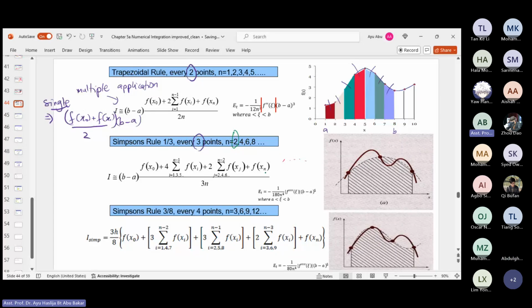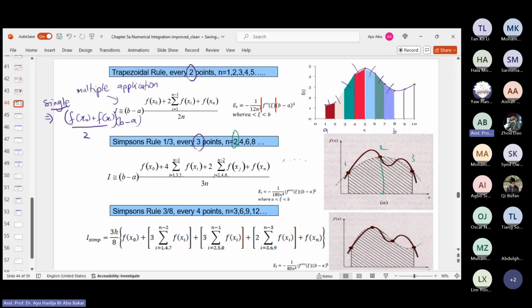How to know if these orders work with 1/3 or 3/8? Let's say here this is 2 segments for this curve. So 1/3, 2 segments, 1, 2, 3 points.